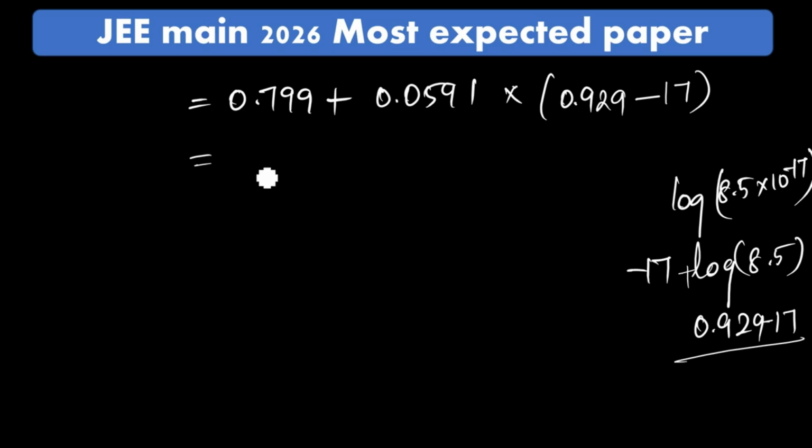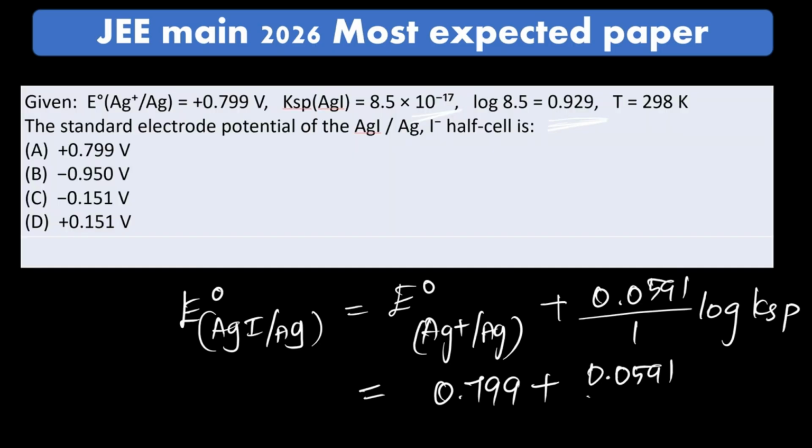By substituting all those values, I end up with minus 0.151. It is a bit different question. Usually, we won't be linking ionic equilibrium with electrochemistry, but it's a combination of solubility product and the electrochemistry part.